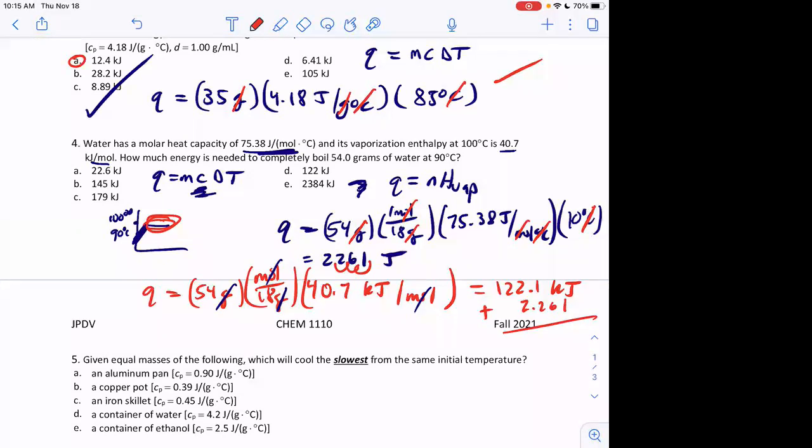There's no mistake anywhere. 54 divided by 18 times 40.7, that's 122.1. The answer should be 124 roughly.